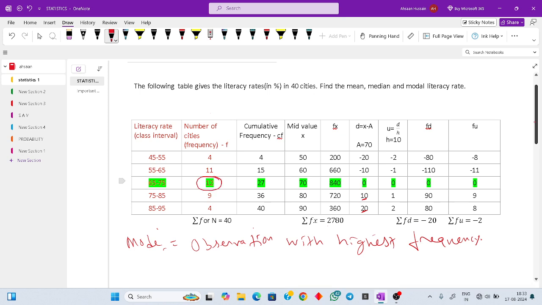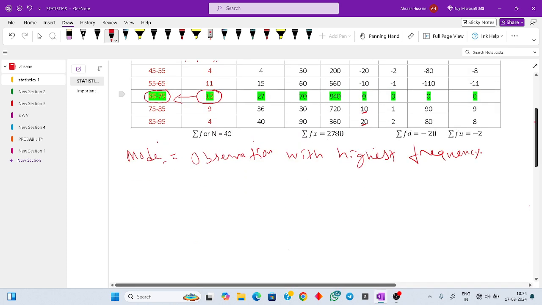So the class interval corresponding to 12 is our modal class. It means the value of mode will lie between 65 and 75. Okay. So to find mode, we need F1, F0, F2, L and H.